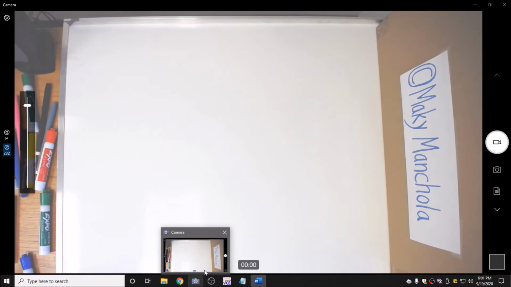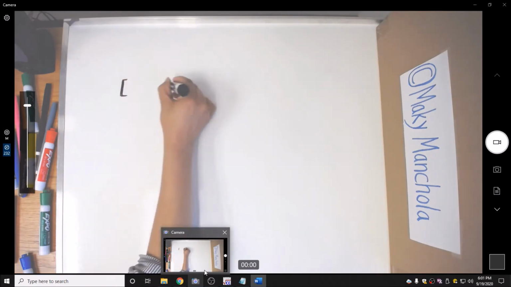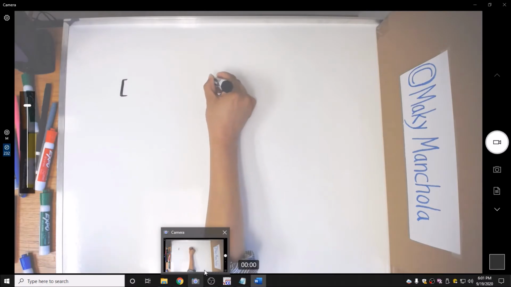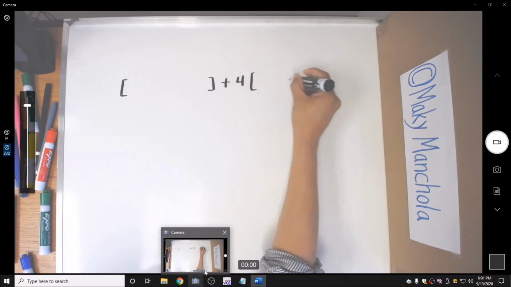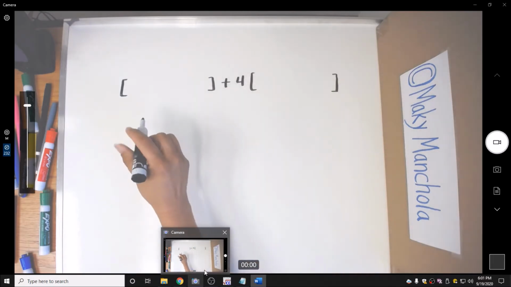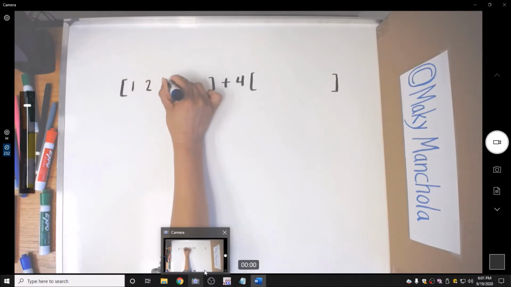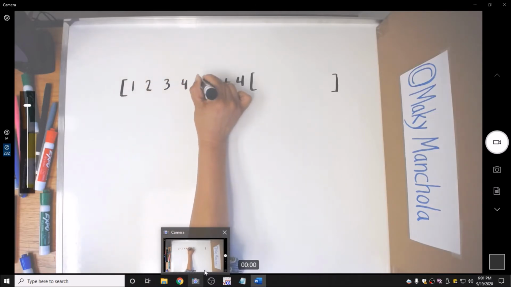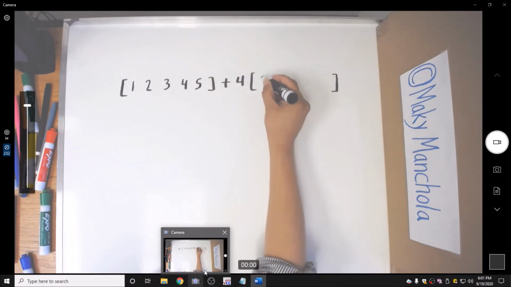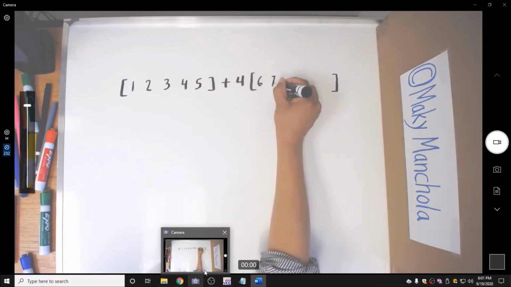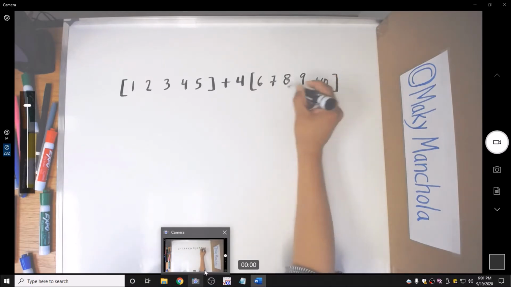So, row 1 plus 4 times row 2. Now, row 1 was 1, 2, 3, 4, 5. Now I'm multiplying 4 times row 2. Row 2 was 6, 7, 8, 9, 10.